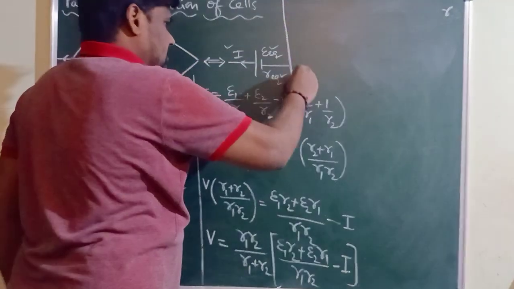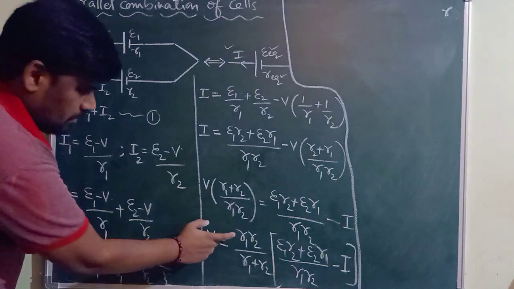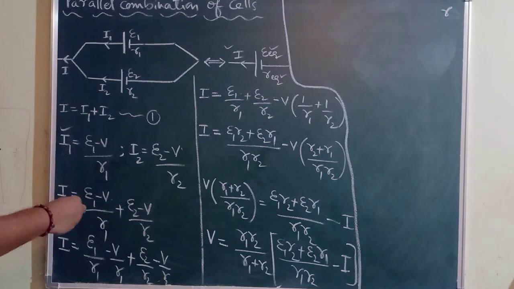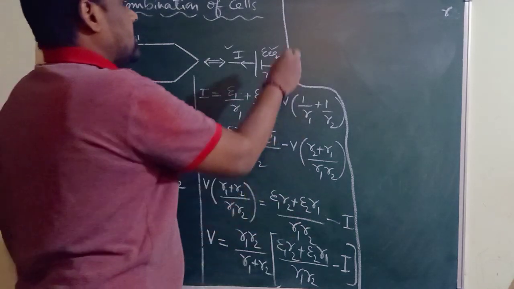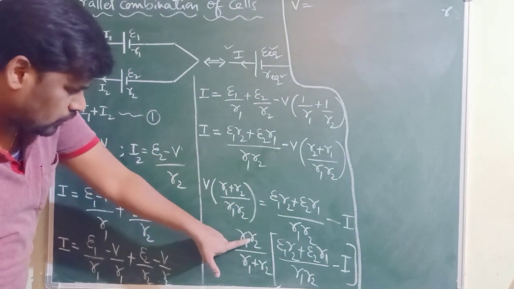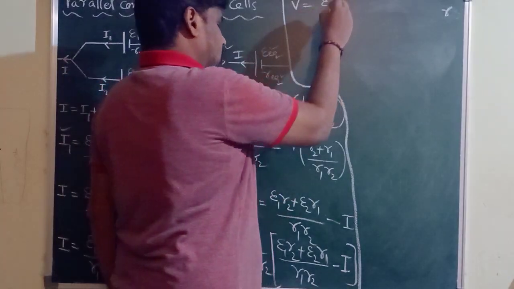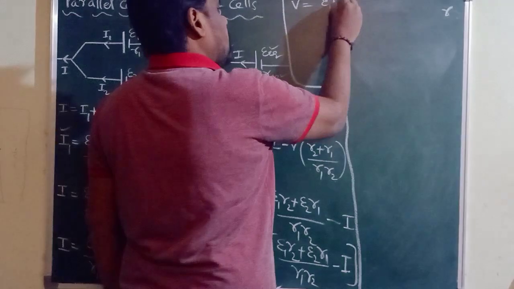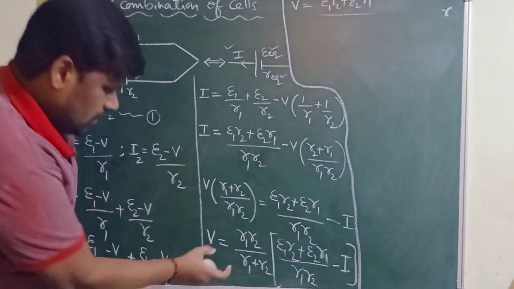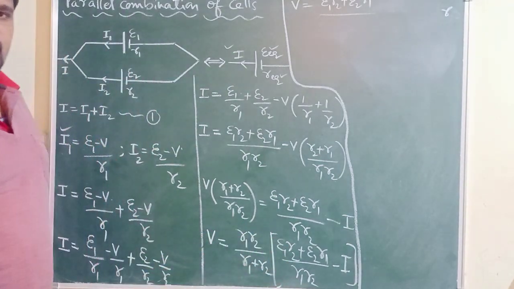Okay, help me to write the next step here. Next is, multiply this bracket with this term, or else you take R1 R2 divided by R1 plus R2 inside the bracket. What can I write? V is equal to, if you take it inside the bracket, R1 R2 will get cancelled with R1 R2 here. Therefore I can write this as E1 R2 plus E2 R1 divided by, if you take this term inside, R1 into R2 gets cancelled with R1 into R2.